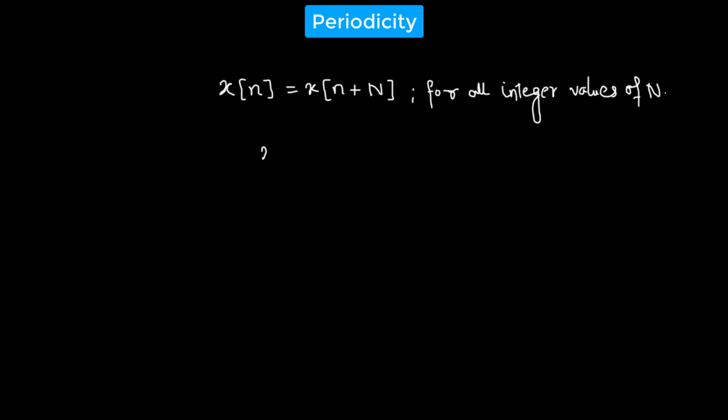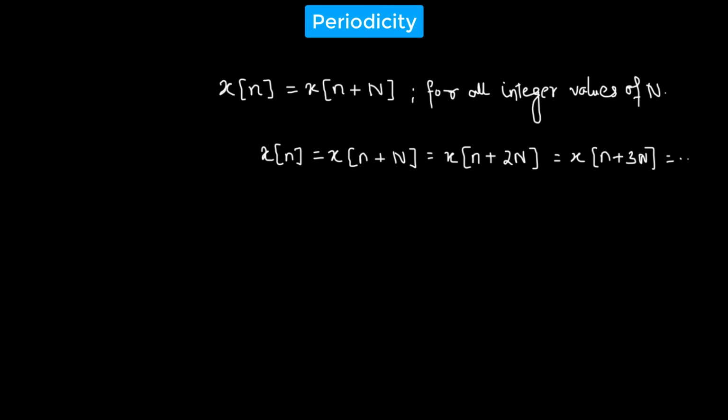Meaning we can say that x of n is going to be equal to x of n plus N, which is equal to x of n plus 2N, which will be equal to x of n plus 3N, and so on. And also on the left hand side we can have x of n minus N equal to x of n minus 2N.